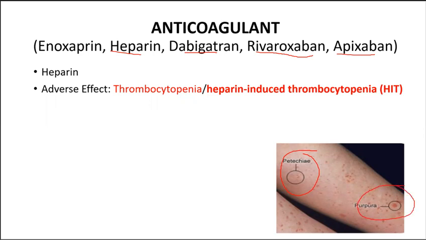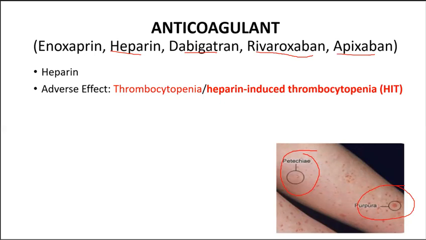That's how you know your client is developing a complication as a result of that anticoagulant. So look out for this serious complication if your client is taking blood thinners. With heparin-induced thrombocytopenia, the immune system causes the platelets to clot in the presence of heparin, and that results in your platelet levels dropping.